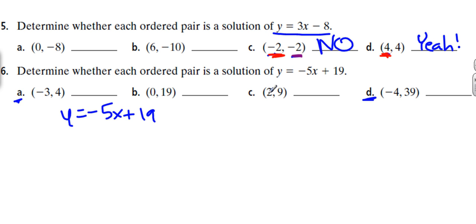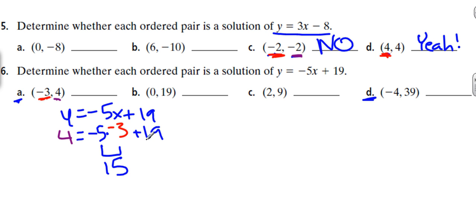Again, we substitute our x and y values in. So x is -3, y is +4. Everything else just gets carried down. So we have -5 times -3 plus 19. -5 times -3 is +15.